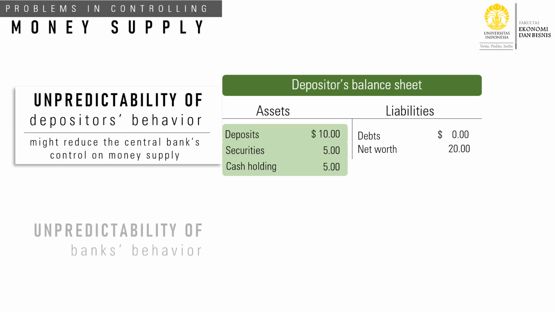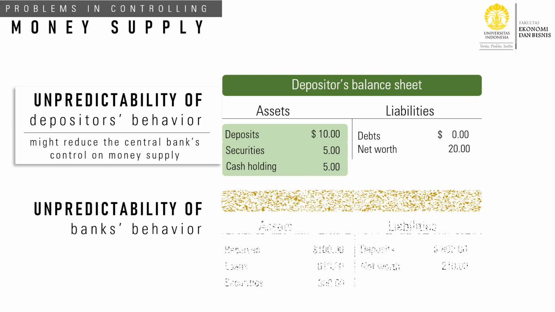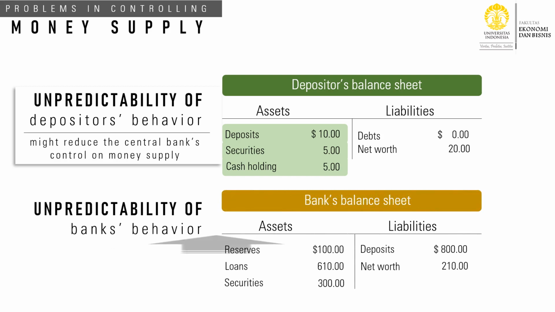Similar to individuals, banks' behavior could also be unpredictable. Some banks may be holding more reserve than others for precautionary reasons. Moreover, making loans is not the only option for the banks to generate income. They could buy more securities in financial markets instead of loaning out their entire excess reserve.